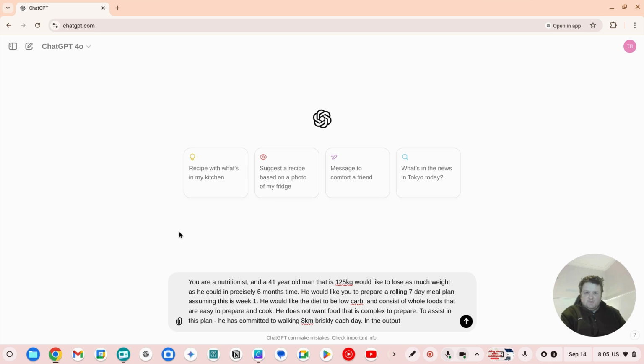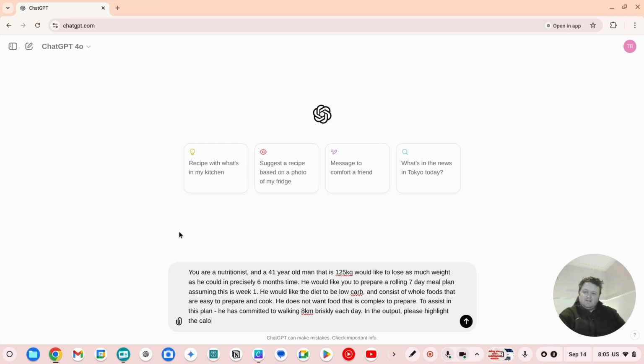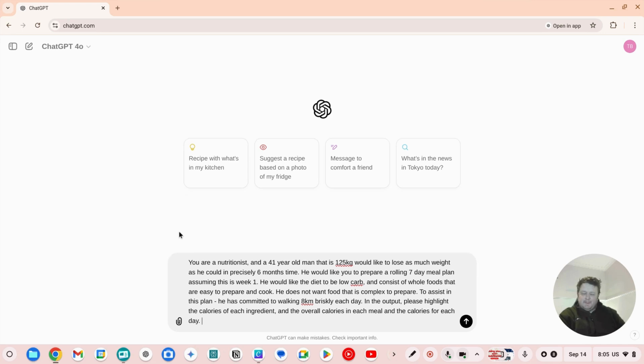In the output, please highlight the calories of each ingredient and the overall calories in each meal and the calories for each day. Now, what else was I going to say?